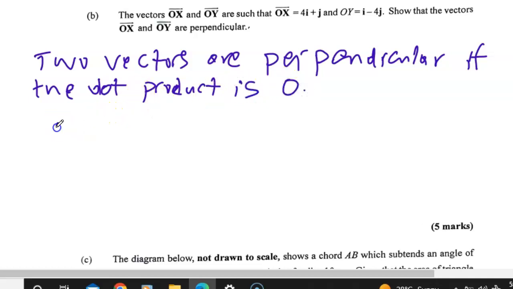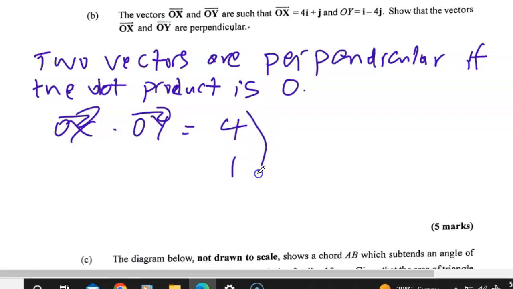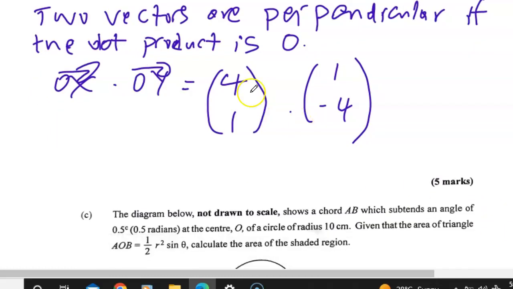So let's find the product of OX dot OY. OX is 4i and 1j, and OY is 1i minus 4j. Let's take that product. So 4 times 1 plus 1 times negative 4.